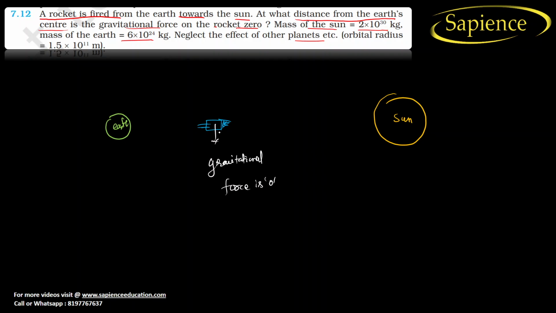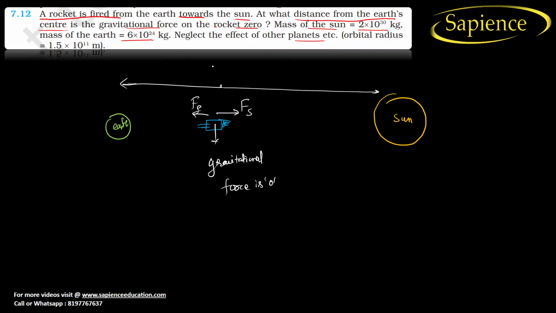So this will only be possible when the pull due to the earth is equal to the pull due to the sun. Okay, so when will this happen? When the force due to earth is equal to the force due to sun. And you know that the distance of the earth from the sun is given.